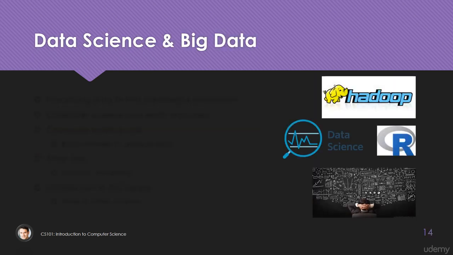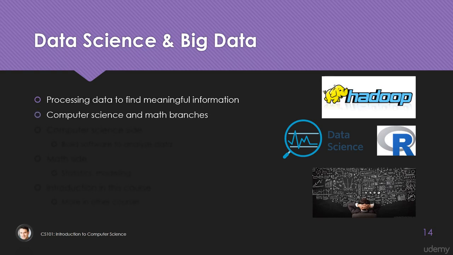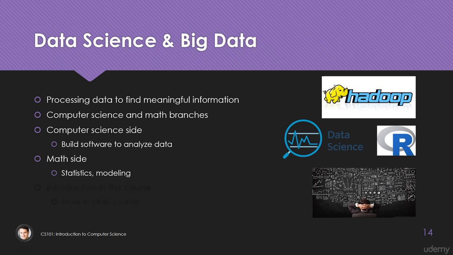And coming to data science and big data, this is basically a catch-all phrase for processing large amounts of data to find meaningful information, needles in a haystack and all that. This combines computer science and math branches. On the computer science side, you use computer science to build software to analyze data. On the math side, you use statistical models to model your data.